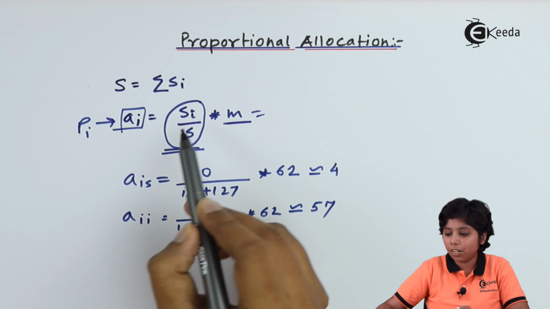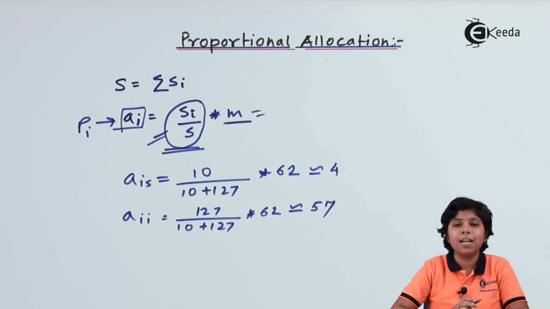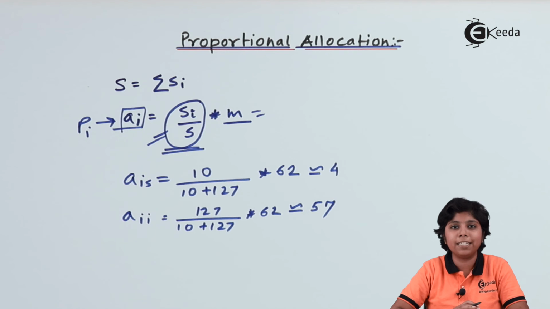That is, we are not using si by S, but rather a ratio of priorities. The high priority process will be given many frames and the low priority process will get fewer frames. This combination of size and priority can also be used while doing proportional allocation. So this is the algorithm we use for allocation of frames, and the advantage of proportional allocation over equal allocation.